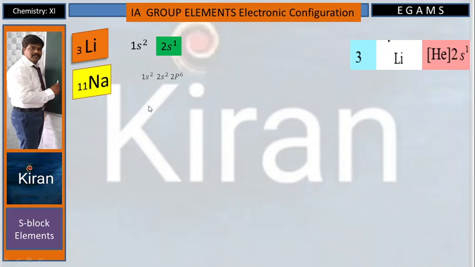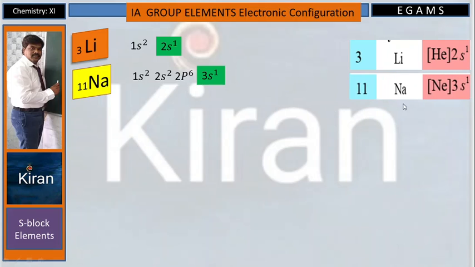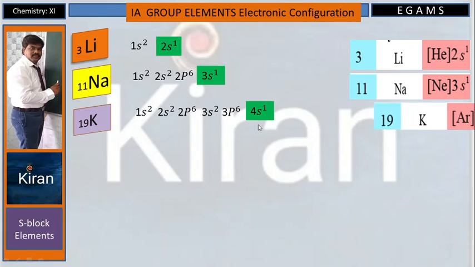Sodium atomic number 11, its electronic configuration is 1s2, 2s2, 2p6, 3s1. With respect to neon, neon core 3s1. Next element, potassium atomic number 19, its electronic configuration 1s2, 2s2, 2p6, 3s2, 3p6, 4s1. With respect to noble gas, argon 4s1.